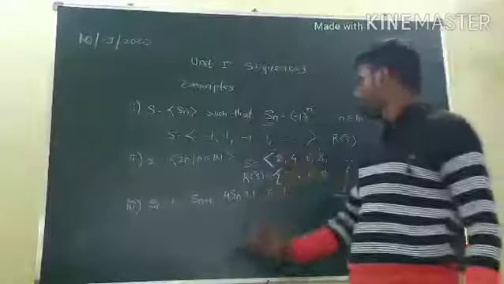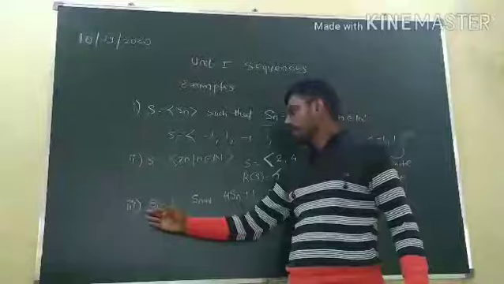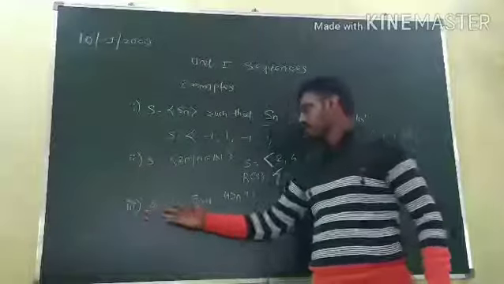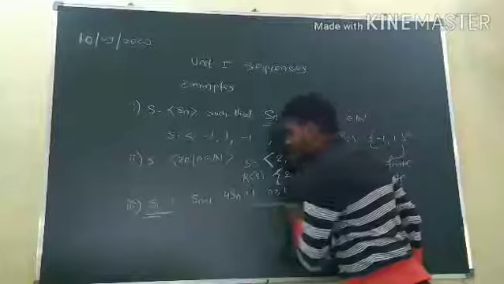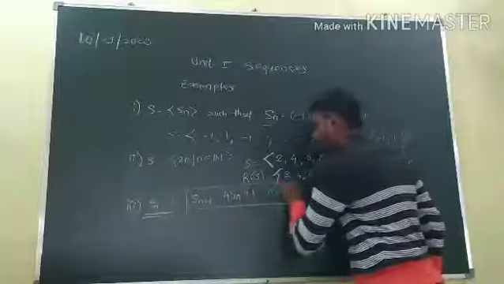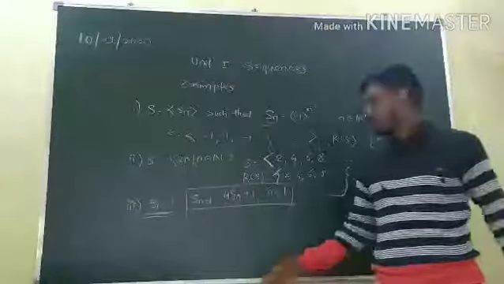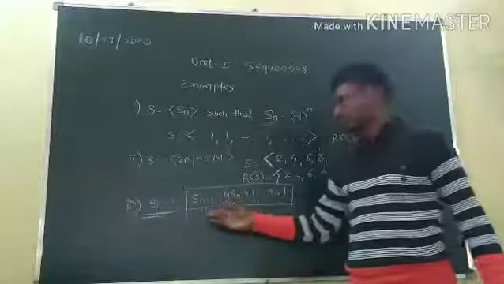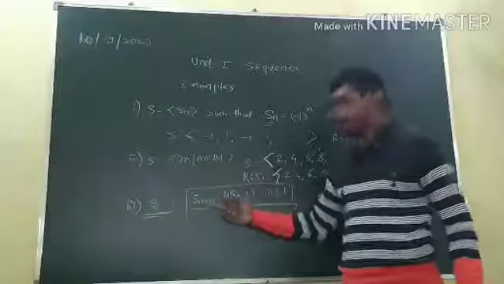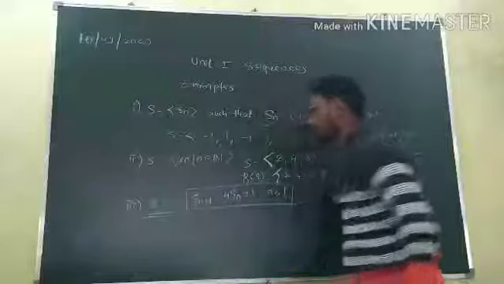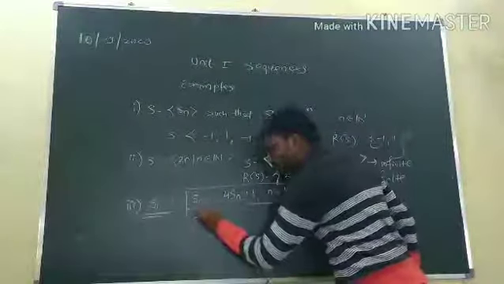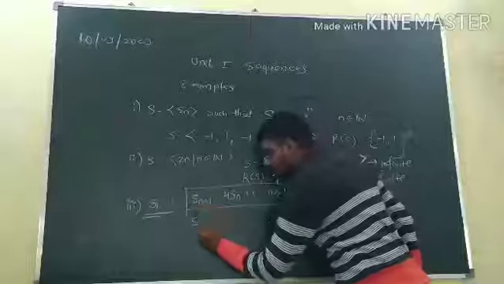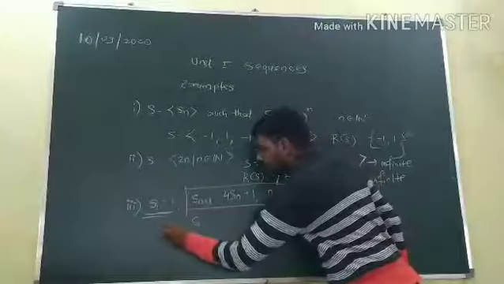Now the third example. Here the sequence is defined as: the first term is S1 is equal to 1, and Sn plus 1 is given in terms of Sn. So we have to find other elements using this formula. So here S1 is equal to 1. Put n is equal to 1, we get S1 plus 1, which is S2. We have put n is equal to 1.